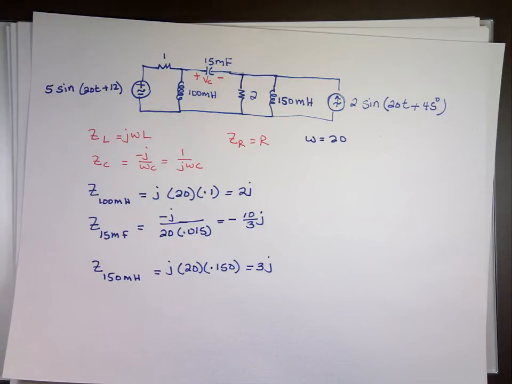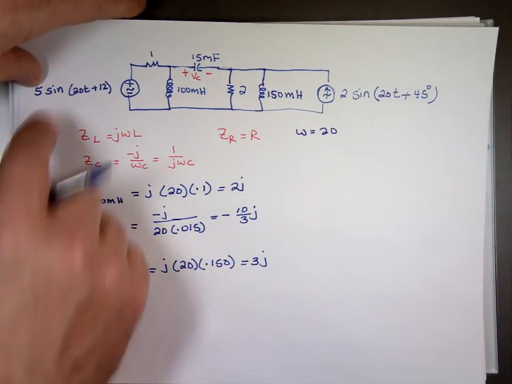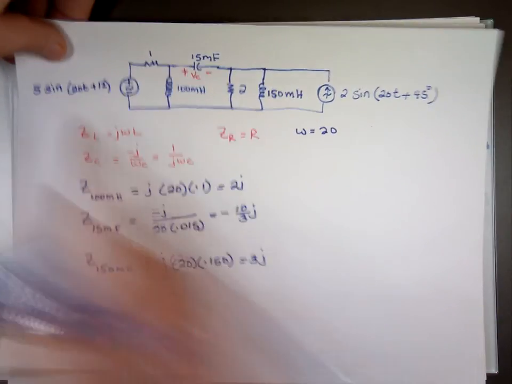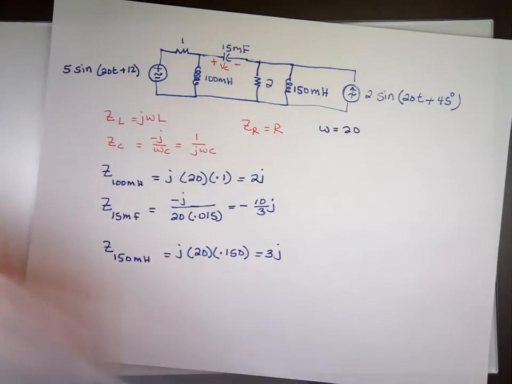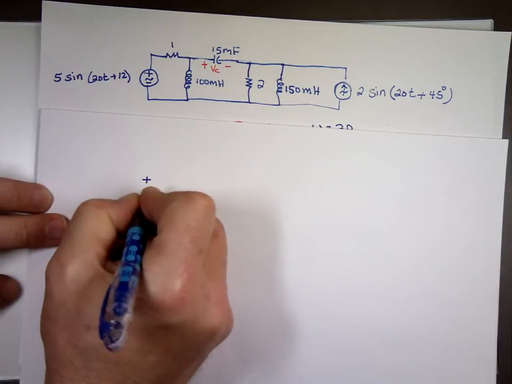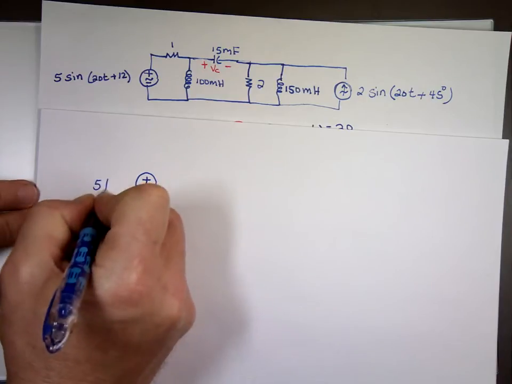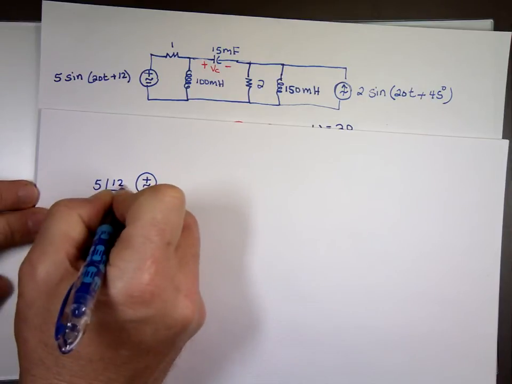So now I'm going to convert my circuit to phasor. This source here, this source here, I'm going to write that, what, 5 angle, what, 12?